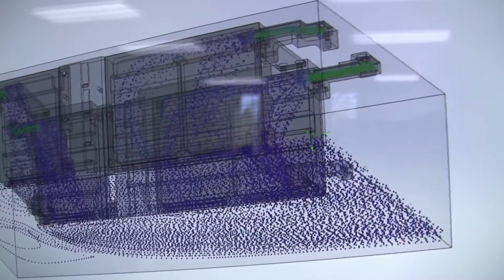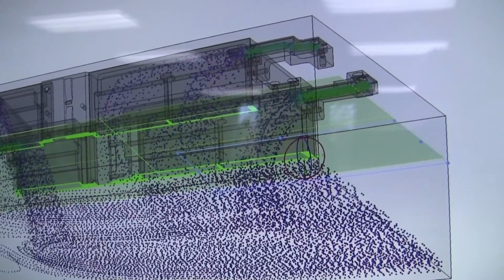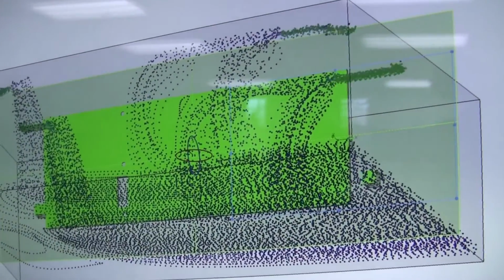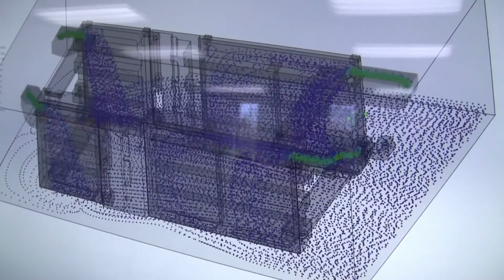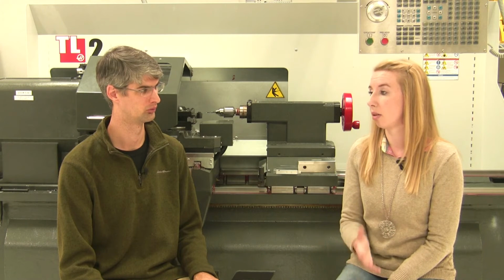Just having the ability to simulate components that may have a lot of heat, and the air pressure that you are putting into a unit in order to cool it past fins, gives you a lot of great analytical information. These are the parts of the system that get hot. These are where it's cooling down very nicely. This is the kind of pressure that's in the system.